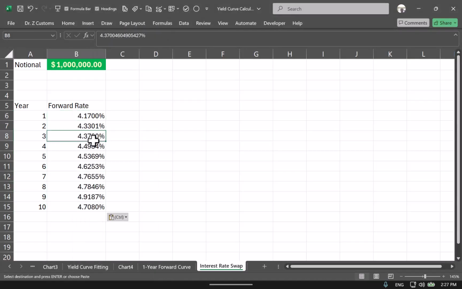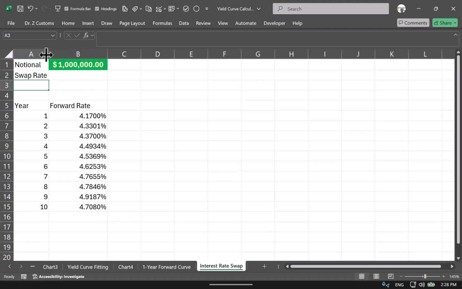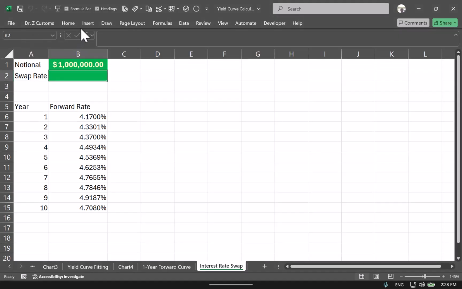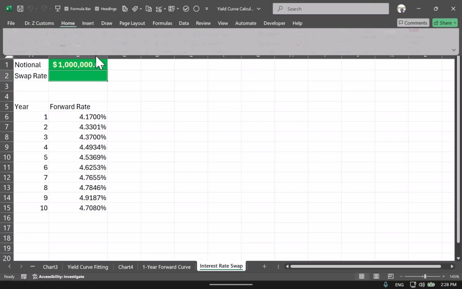These are the forward rates. And let's do swap rate. I'm going to put an arbitrary number for now.